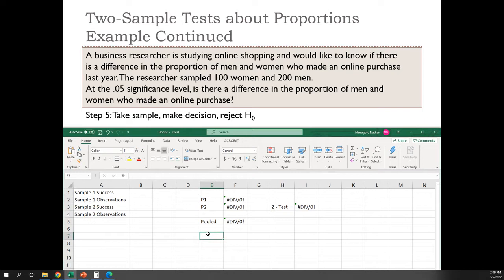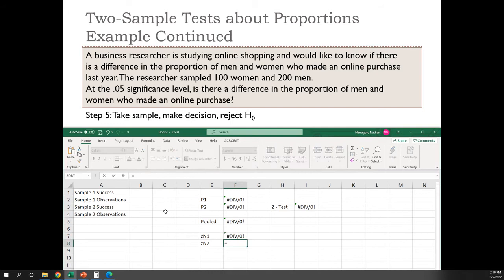So I'm going to put this as Z in 1 and Z in 2, so we don't have to put them all in one formula. We'll put them separate. So this is going to equal, in parentheses, the pool times 1 minus the pool, divided by our observations.